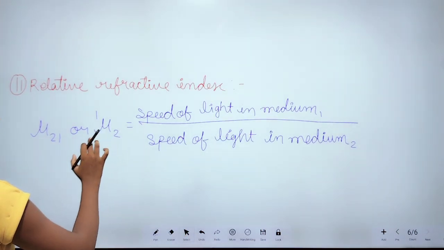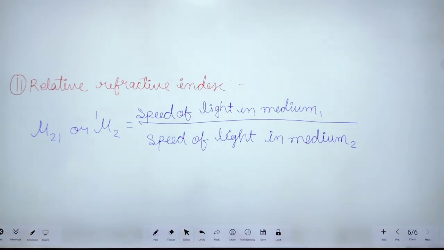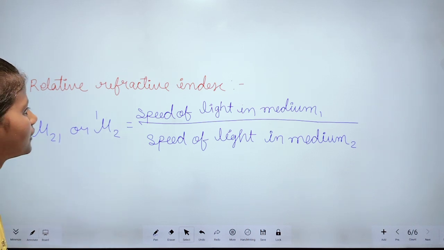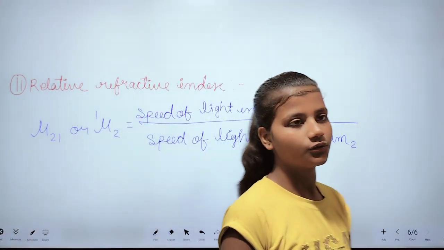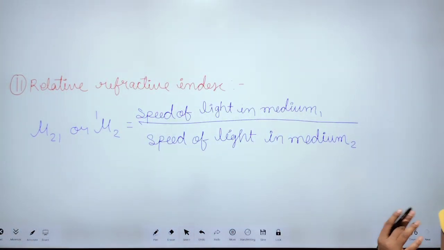We can read like this. Relative refractive index of 2 with respect to 1 is equal to speed of light in medium first by speed of light in medium second.